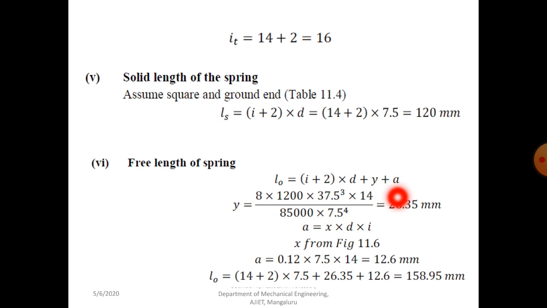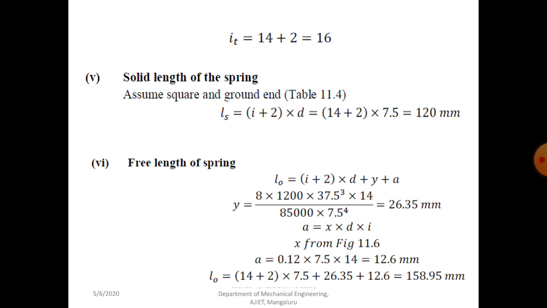A can be calculated like this: x into D into I. That x value is from figure 11.6. We have to use one figure, the x value as a function of coil ratio, where C is nothing but the spring index.